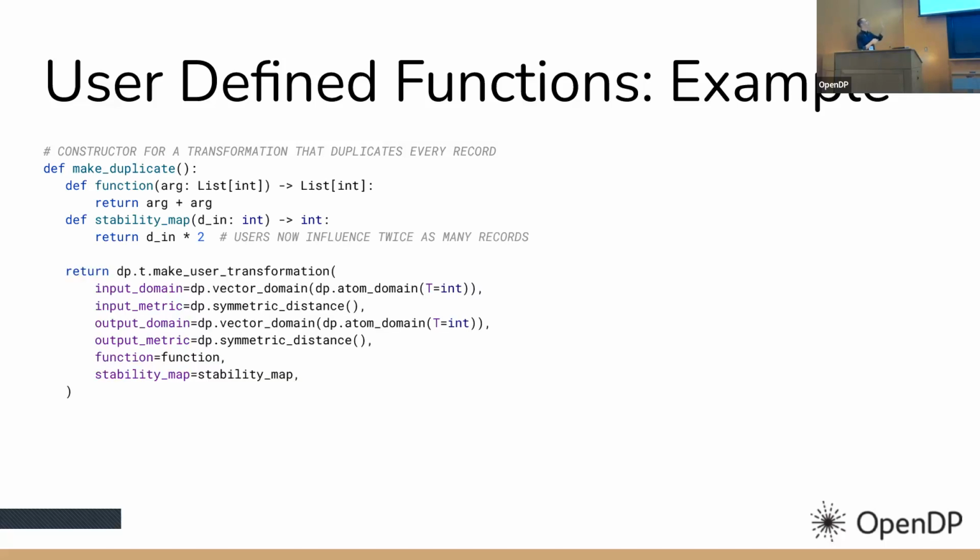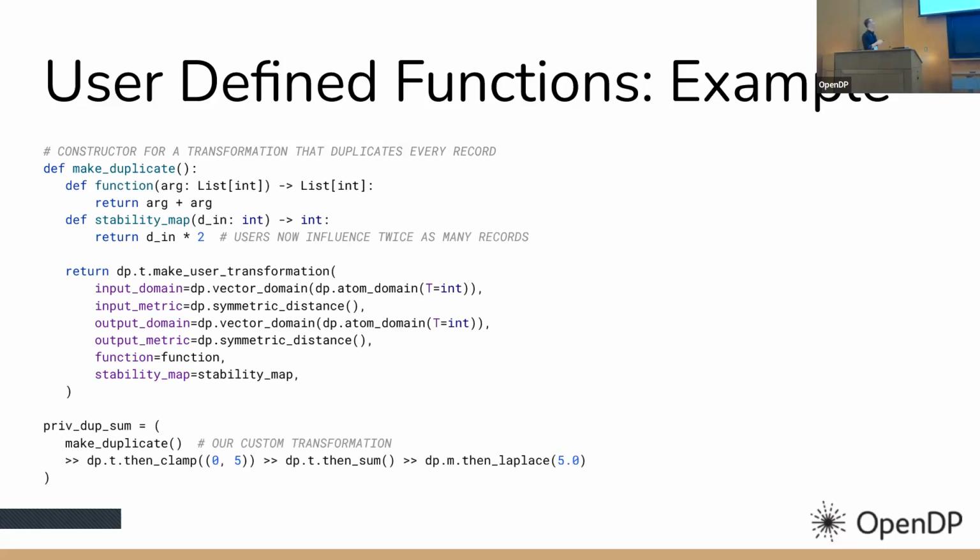Then we have a little bit of boilerplate, which is hopefully not too much overhead, and then boom, you're good to go. Now I can call my user constructor just like any other OpenDP constructor and chain it into clamping, summing, and adding noise. It behaves like any other operation that I would build in OpenDP.